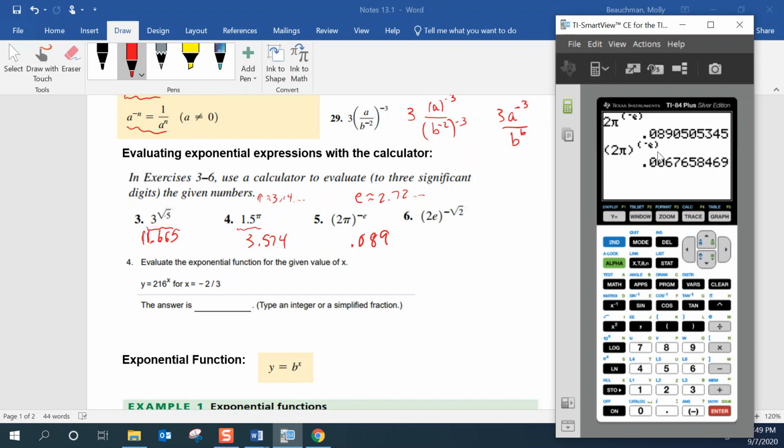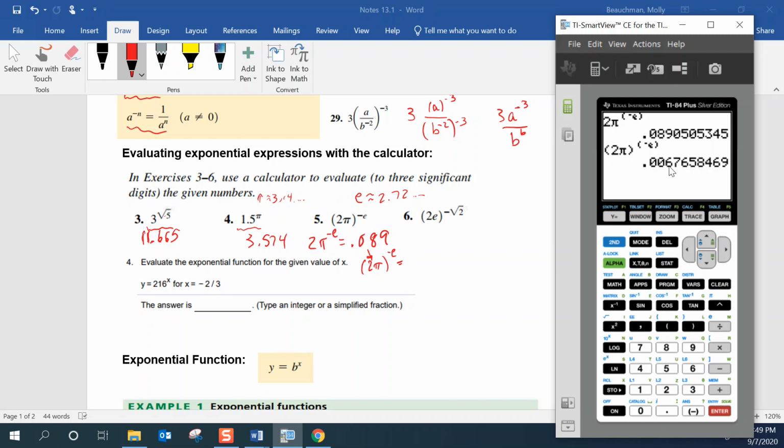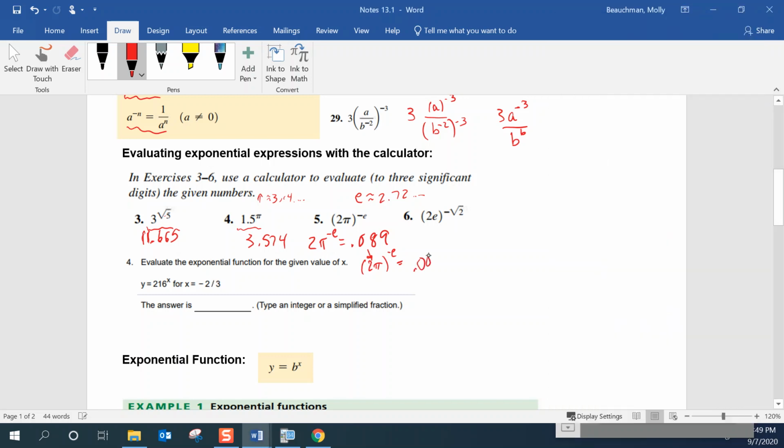So the second one is correct, so be really careful with the parentheses. So this is 2 pi to the negative e, which is not the same as 2 pi in parentheses to the negative e. That one we ended up with 0.007 to 3 significant digits. So careful with parentheses. Okay, last one.